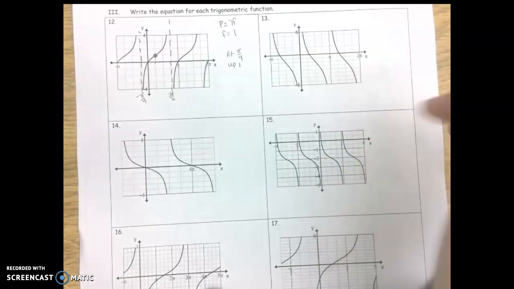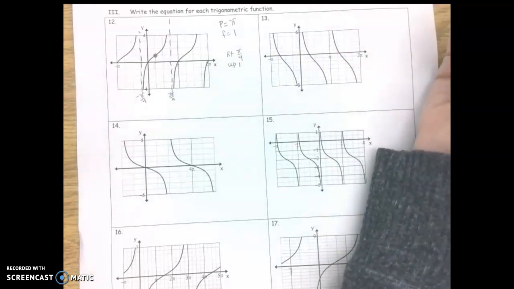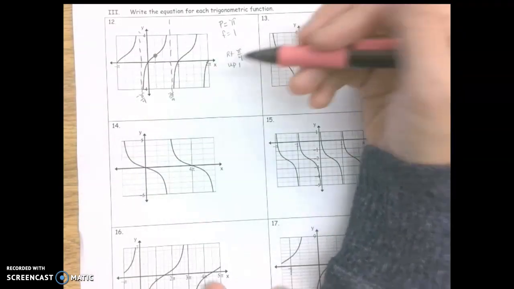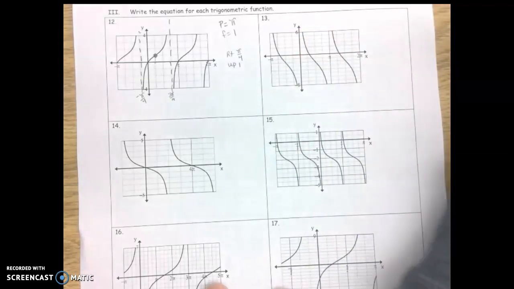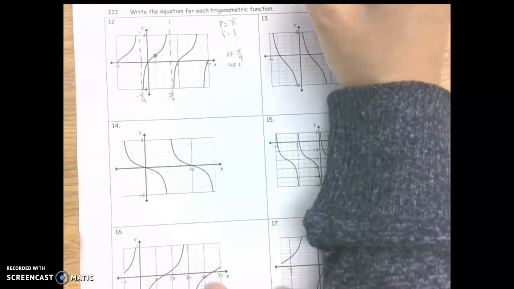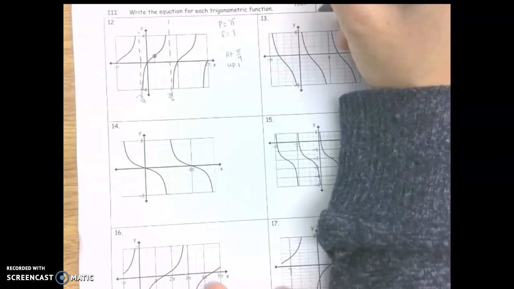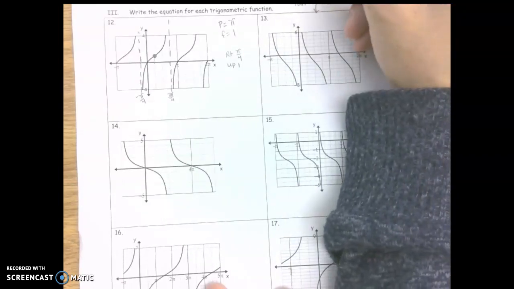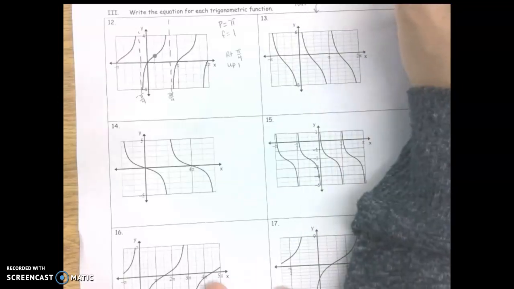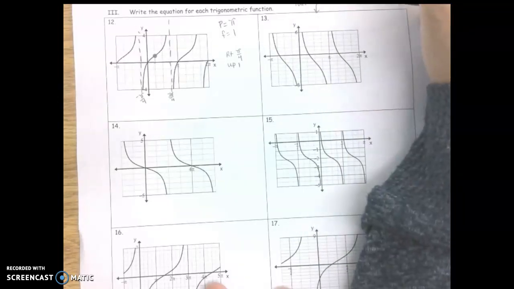All right, the next thing I want to look at, and I might want to look at this first, is this more of a tangent or a cotangent? Okay, so remember, tangent is a low, mid, high. And then cotangent is a high, mid, and low.